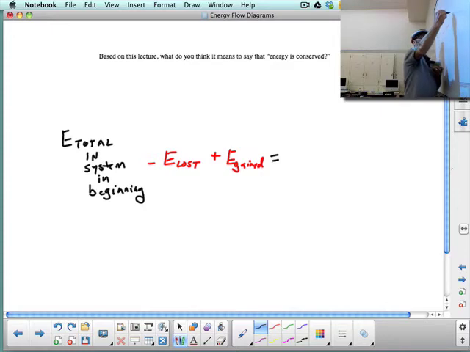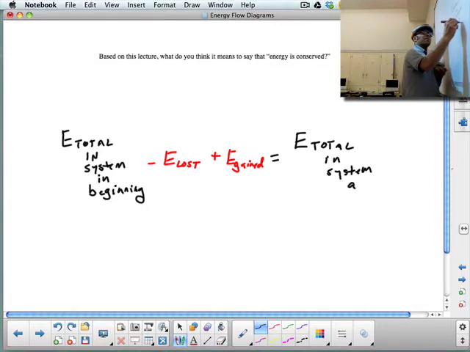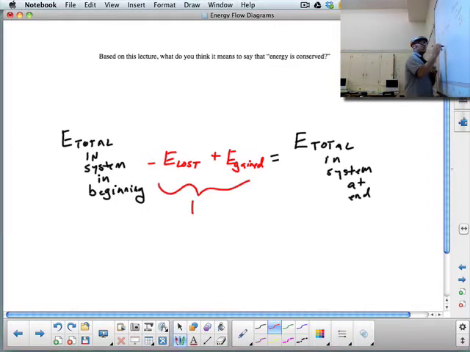Equals, is it necessarily going to equal 0? No. Okay, so the E total in system at the end. Are you guys cool? These two, I'm talking about energy that's transferring, right?